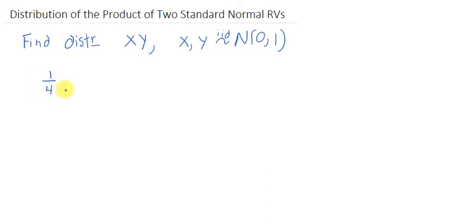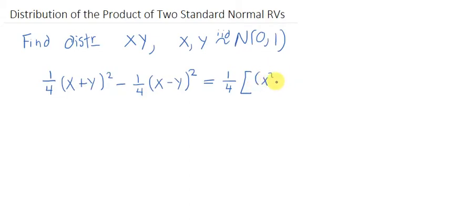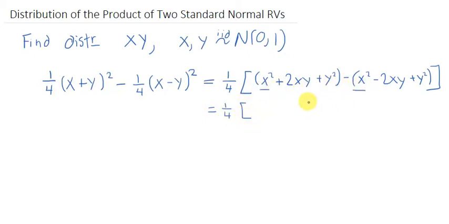If you say 1/4 (x + y)² minus 1/4 (x − y)², and we find what this is equal to, we have 1/4, and I'm just going to pull that out, x² + 2xy + y² − x² + 2xy − y², which gives us 1/4 times... the x² terms cancel each other out, the y² terms cancel each other out, and then 2xy minus negative 2xy ends up becoming 4xy, which gives us xy.